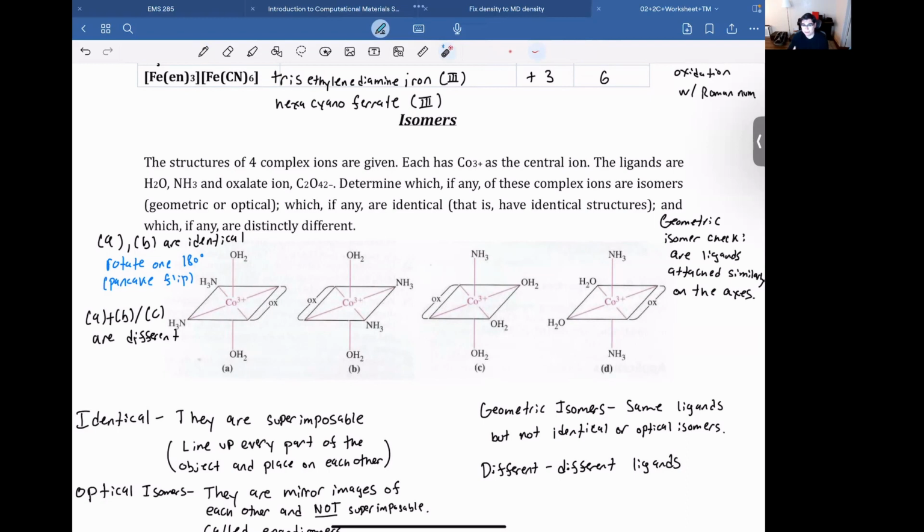So what does that mean? Anyone who's just looking at the answer key may not know this, but if you're watching the video now, I will explain it. We can say the same ligands on the same axis, not the same exact axis, right? When we're talking about axes, we're talking about these three axes. They don't have to be the same one of those axes, just on the same axis. So I'll show you what I mean.